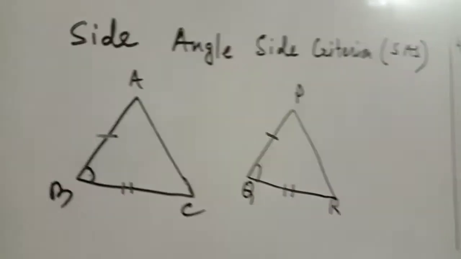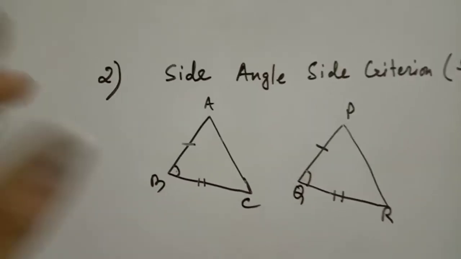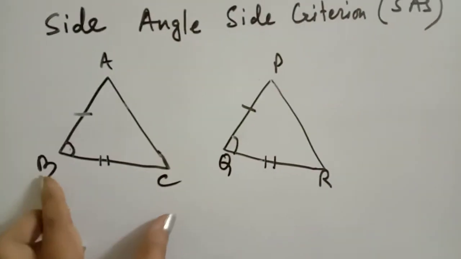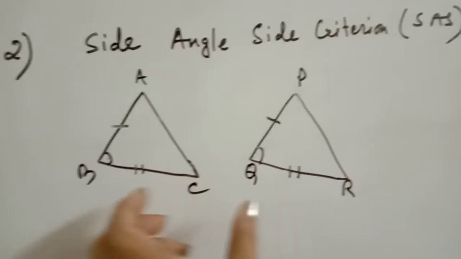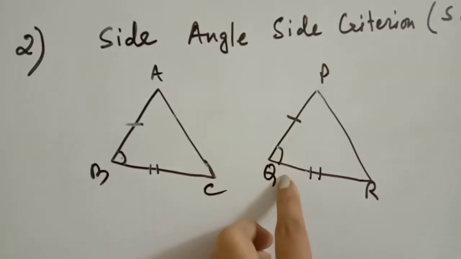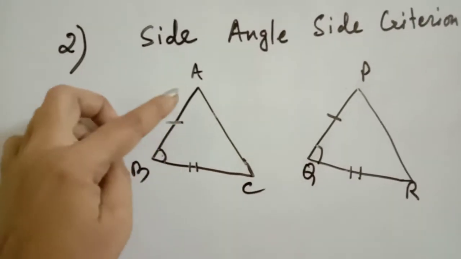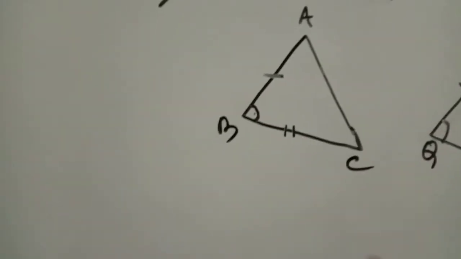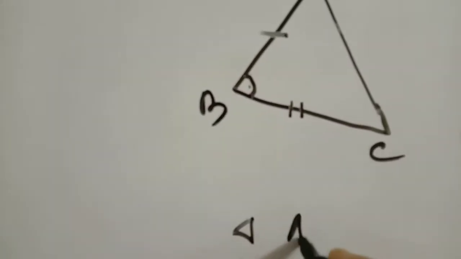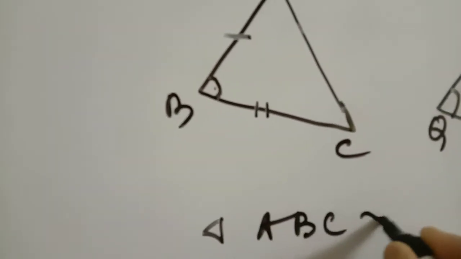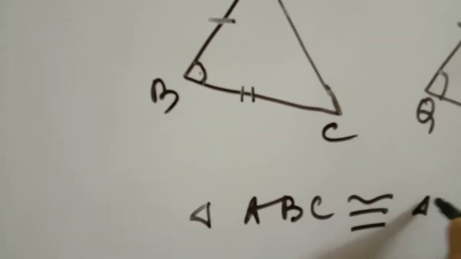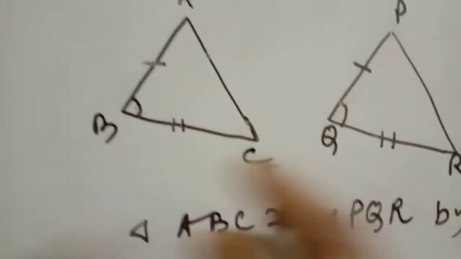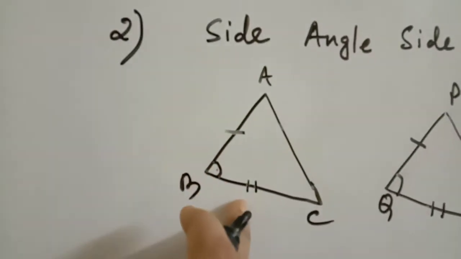If these two angles are equal, and this side AB is equal to PQ, BC is equal to QR, and angle B is equal to angle Q, then we can say that this triangle ABC is congruent to triangle PQR by side angle side criteria.